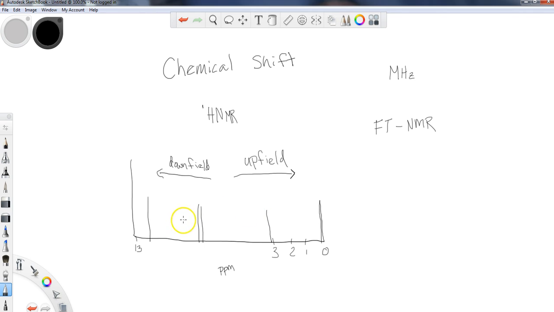The nuclei emit a wave signal back to the instrumentation that detects it. The instrument processes the wave signal using Fourier transform, and we get nice clean signals out the other end. So just so we're clear, that's how that occurs.